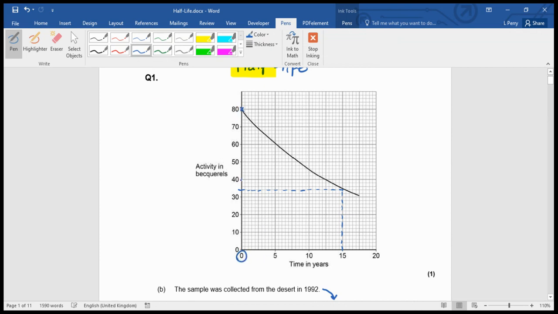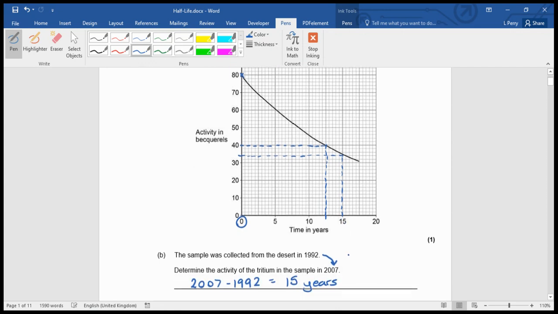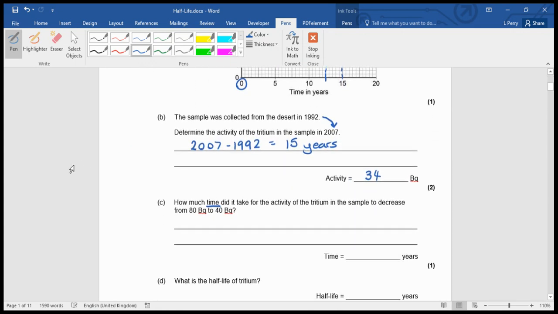To go to 40, I'll have to go across from 40, which takes me to there, and I end up there. So I'm exactly halfway between 10 and 15, which is 12.5. So it took 12.5 years to go from 80 to 40.